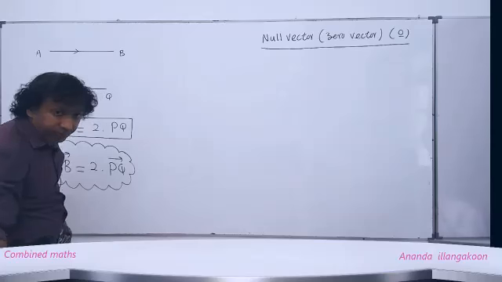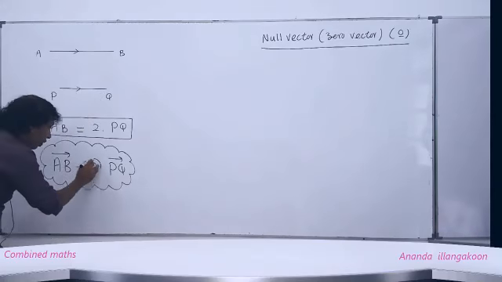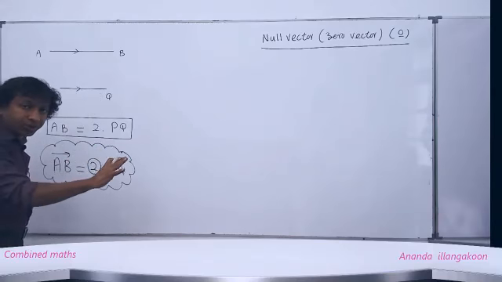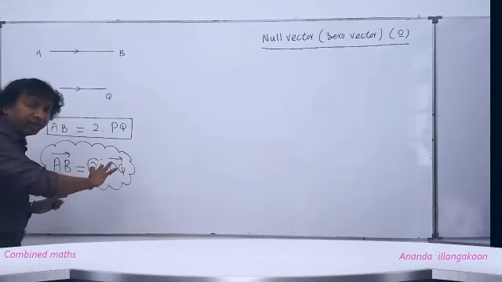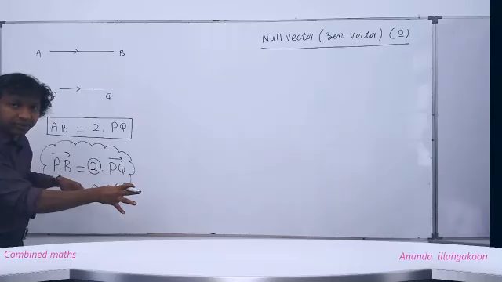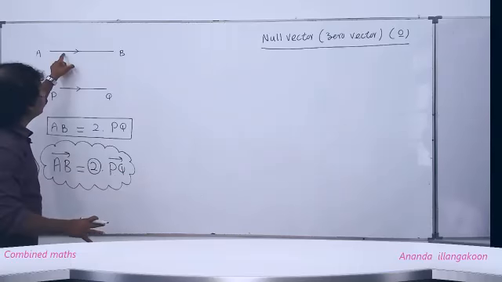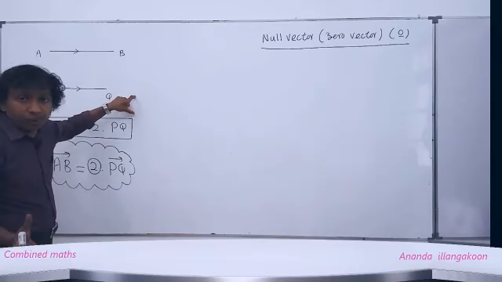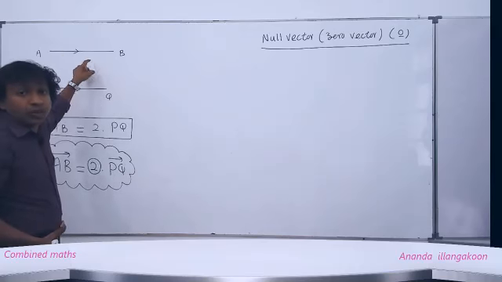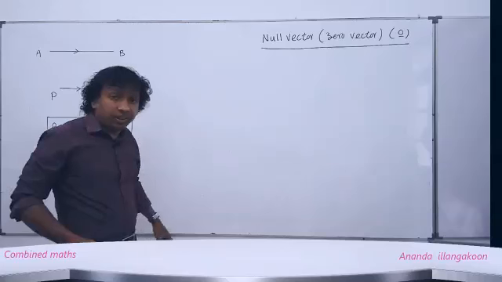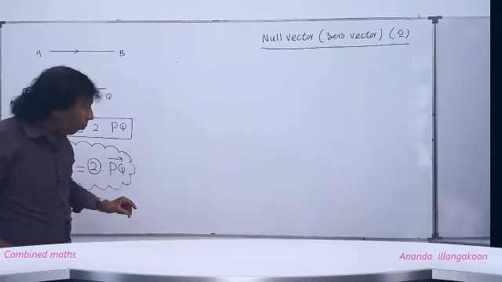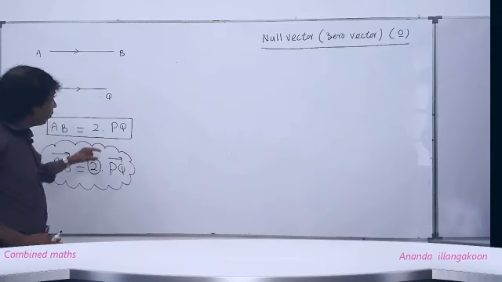Here you can see this 2 we had to put here in order to match or equate the left length and the right length. Suppose we don't know the exact length of AB and the exact length of PQ, but we know these two line segments AB and PQ are parallel and the directed direction is the same. Only the lengths need to be matched, but we don't know the actual lengths.